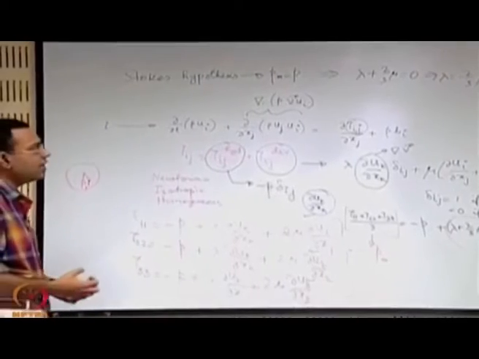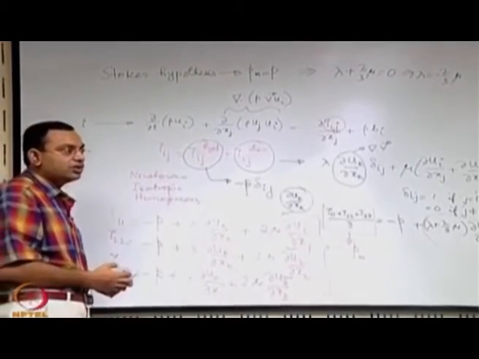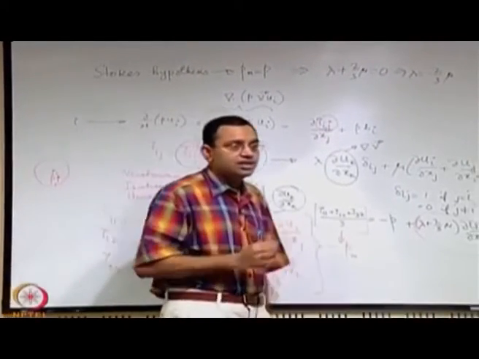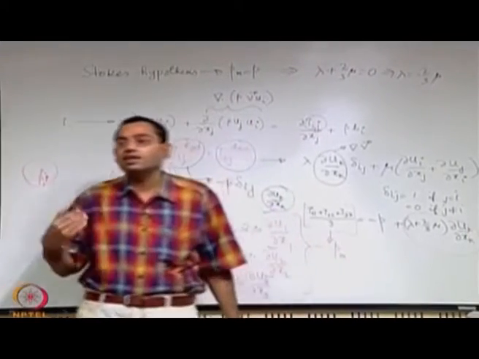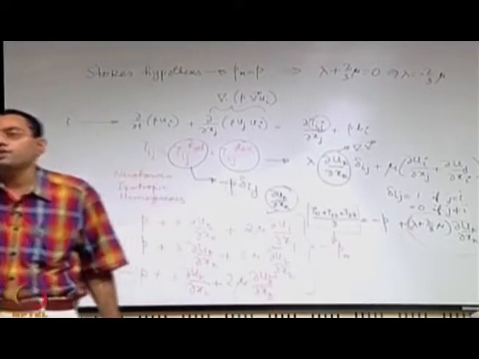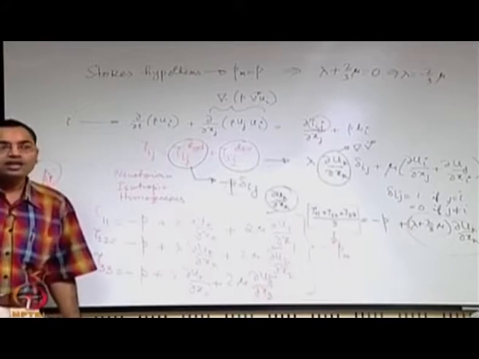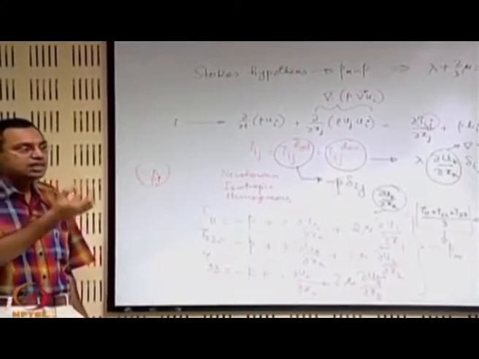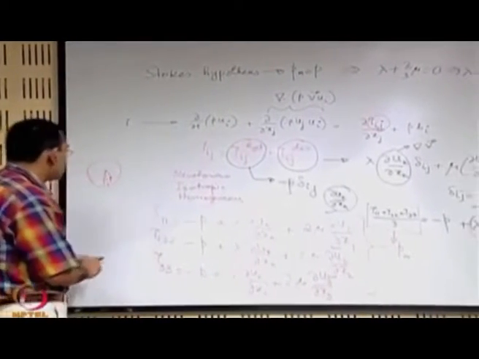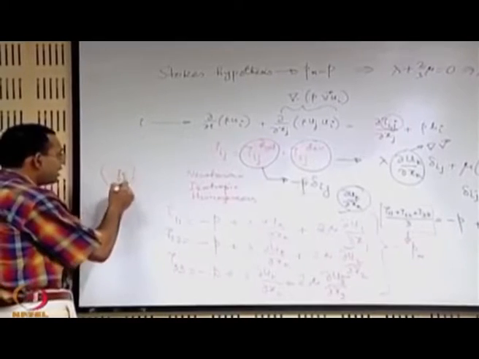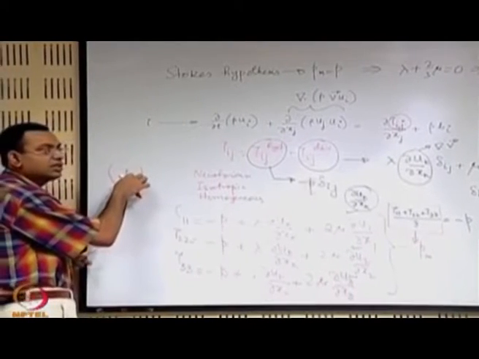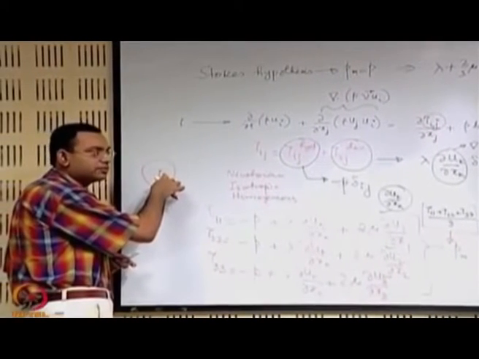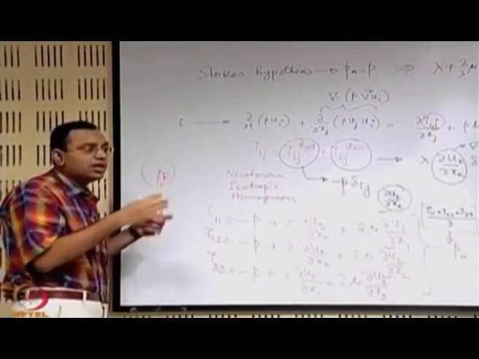But for most of the practical applications that we are concerned about, the Stokes hypothesis works, because usually the relaxation time scales for fluids are very fast. And usually the changes which are imposed on a system are not faster than that. So whatever change is imposed on a system, at least locally at a point it tends to attain equilibrium, and that is called local equilibrium.